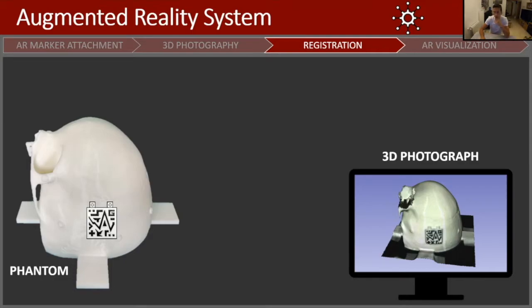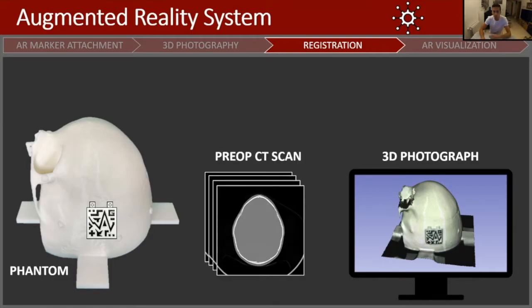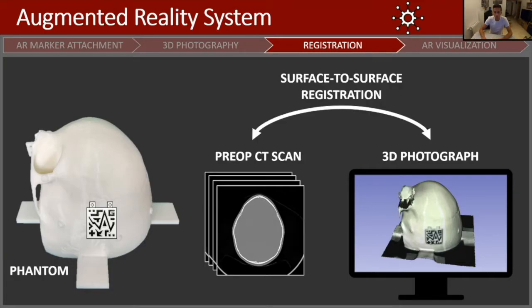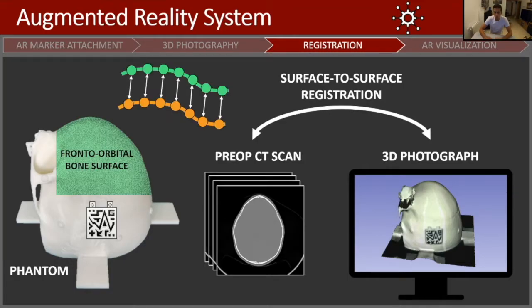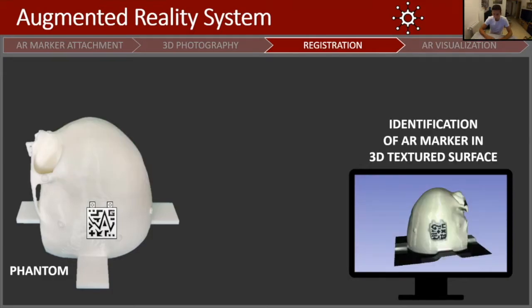With this 3D photograph, we can compute a registration with the preoperative CT scan using surface-to-surface registration algorithms in order to have an idea of the position of the 3D photograph with respect to the CT scan, which is our reference for the patient anatomy.